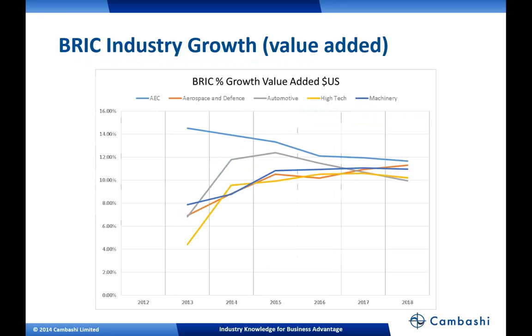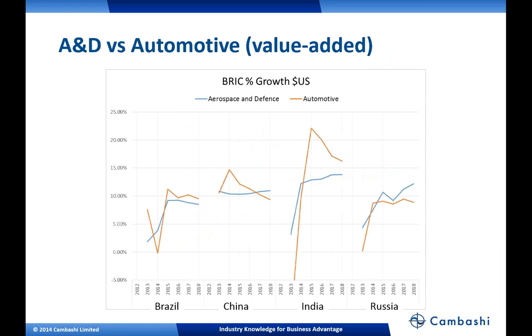So what's driving this? Well, I'm going to dig down a little bit further to see what the relative performance of those two industries is across countries. And we can see here the breakdown across each of the BRIC countries.